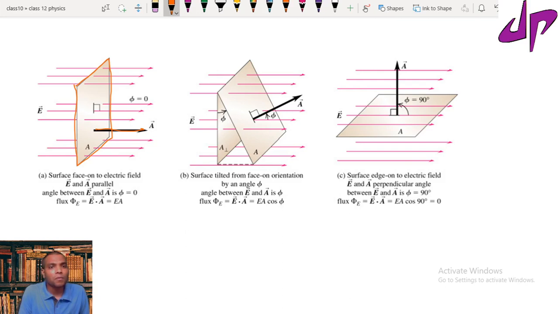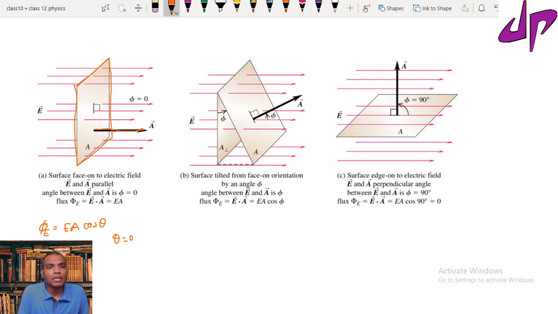Therefore flux phi equals E bar dot A bar equals EA. So what formula can you take? Flux phi suffix E, meaning electric flux, equals E times A cos theta. Here the angle has been taken as phi. You can take any angle, there is no problem in representing it. Therefore, flux phi E equals, in this case, theta equal to 0.